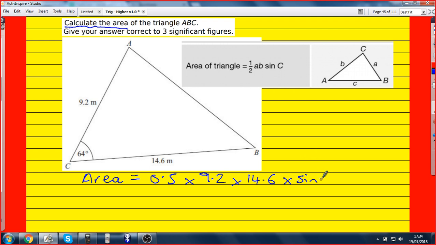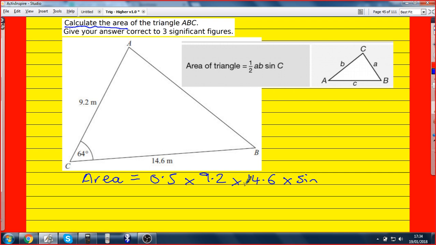Is that it? Sine, cos, or tan always has to be of an angle. So, what would it be for sine? Well, for this one, it has to be the sine of the angle between the two sides you used. Oh, so the sine's got to be 9.2 over 14.6.